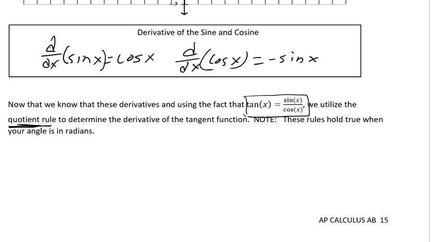derivative of the tangent. All of these rules hold true when your angle's in radians. If your angle's not in radians, your derivative is a little bit different. Similar, but a little bit different.